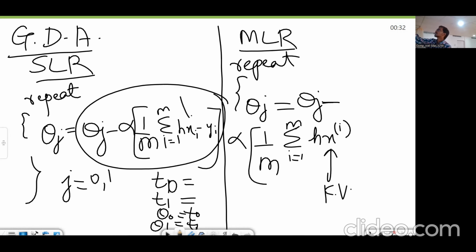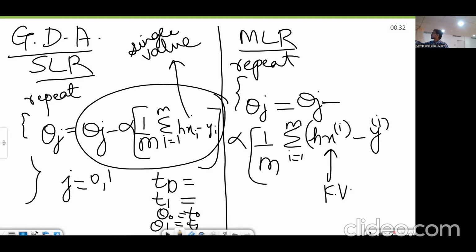And here in simple linear regression, x is nothing but a single value. Here x is the feature vector, minus y(i). So remember, the feature becomes a feature vector in multiple linear regression, and the output label will remain a single value in both the cases.